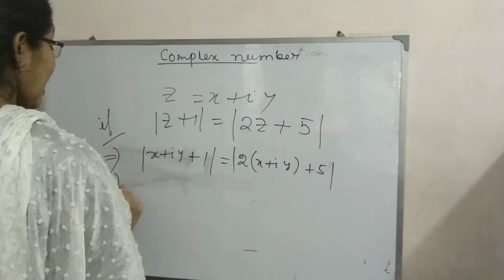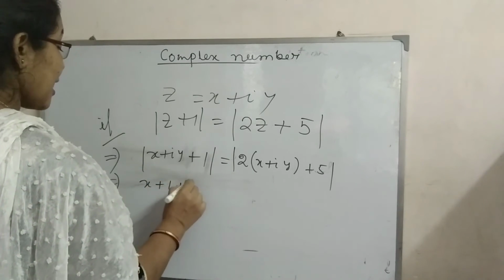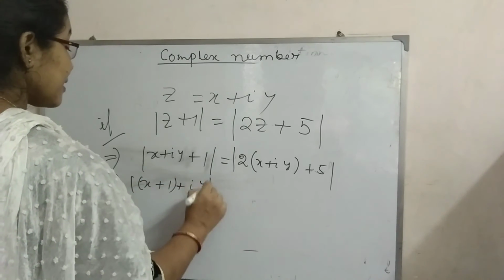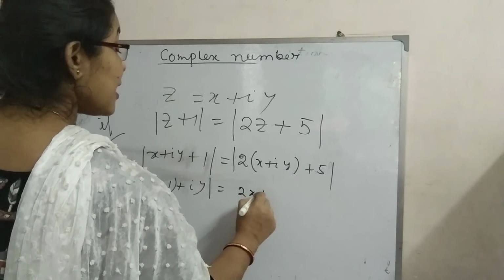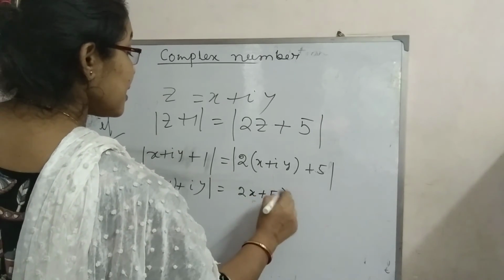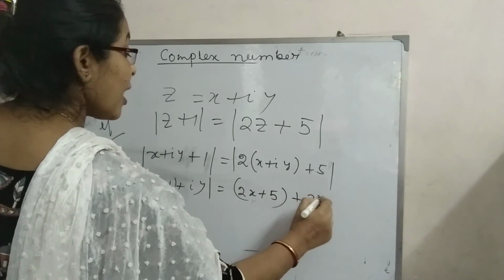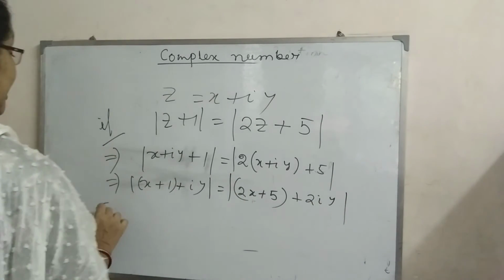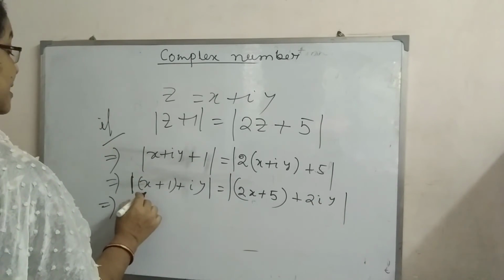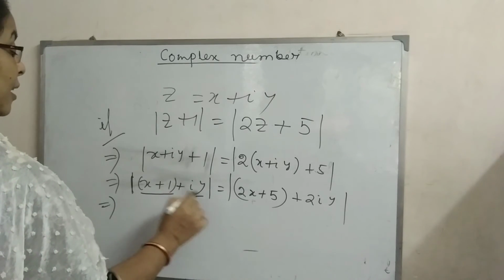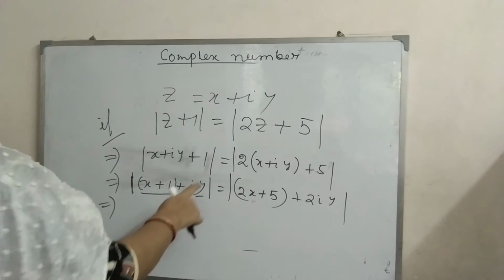So I can write it in this way, (x plus 1) plus iy and (2x plus 5) plus 2iy, where this is the real component and y is the complex component.